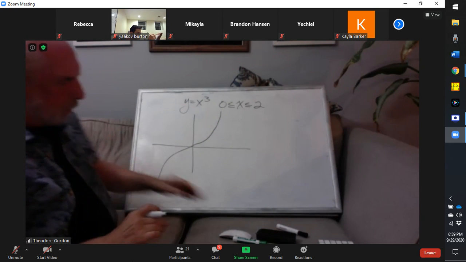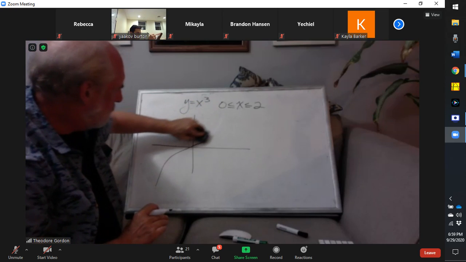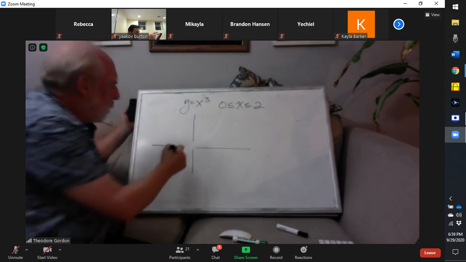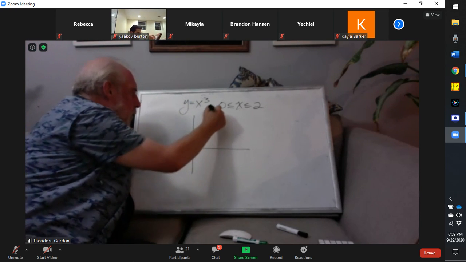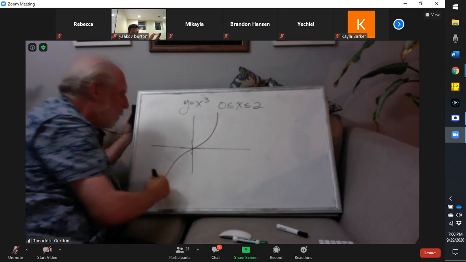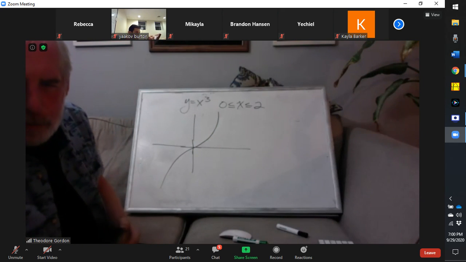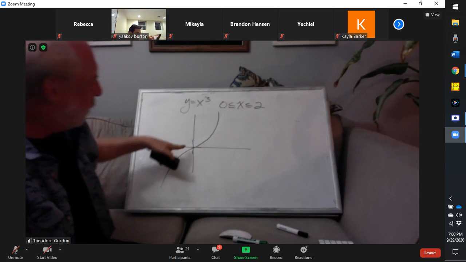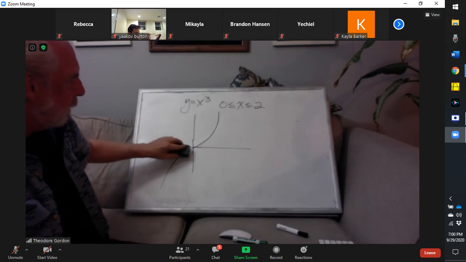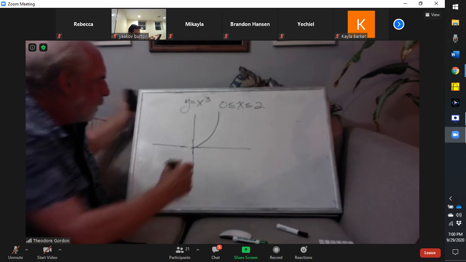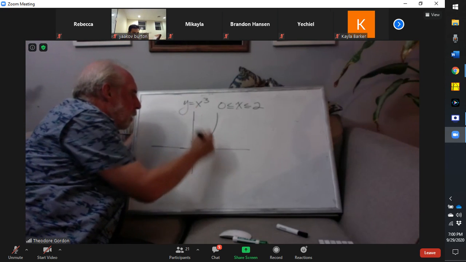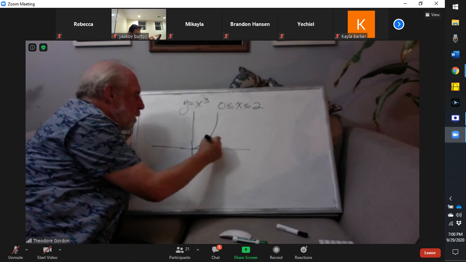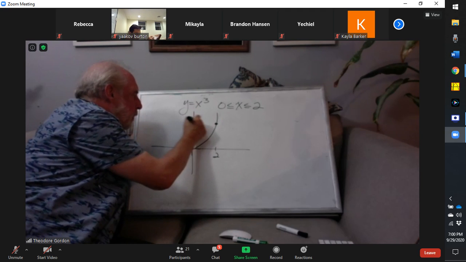Cubics have that characteristic S shape to them. We're going from 0 to 2, so we're only using this part right here. So if we go over here to 2, that puts us up at 8.